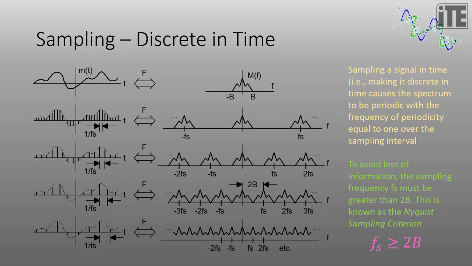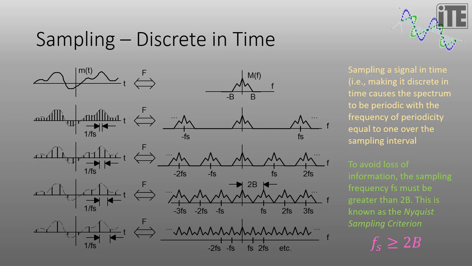And when we sample it in time at a uniform interval known as the sampling interval, Ts equals 1 over Fs, we simply make the spectrum periodic with the periodicity equal to Fs.